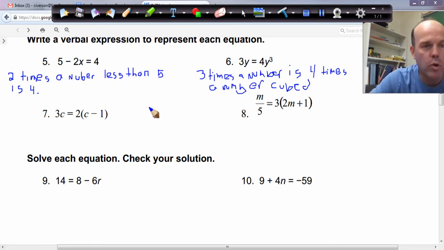Alright, two more. Number 7, 3c equals 2 parentheses c minus 1. 3 times the number equals the product of 2 and the difference of the number and 1. It's a mouthful, I know.